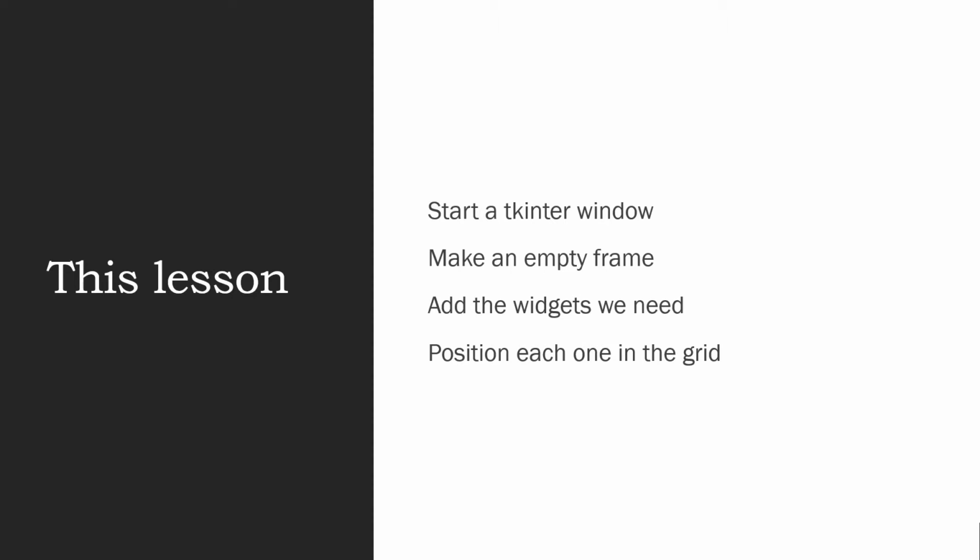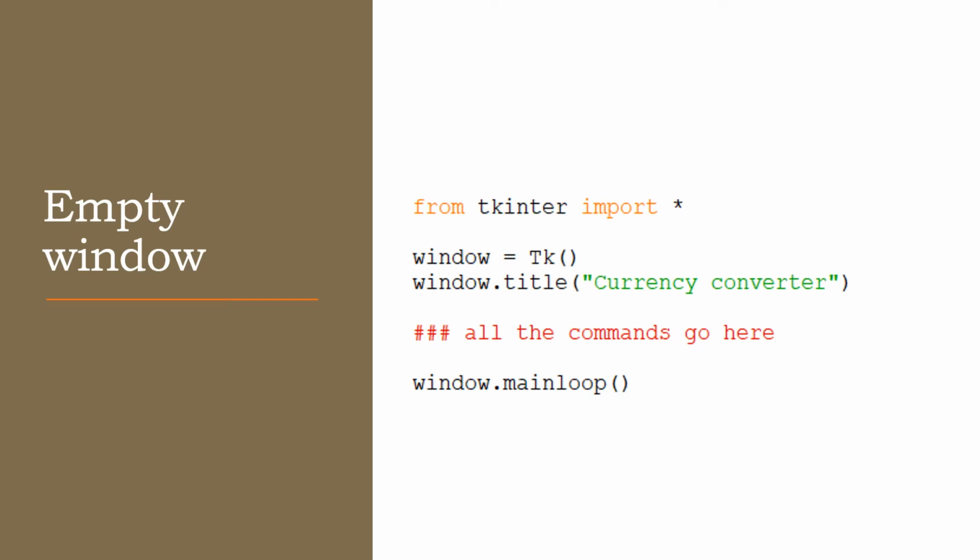A good way to do this would be to follow along, building your own interface alongside my work. So start a new Python program, and we're going to import the TKINTER module that just comes for free as part of your standard Python download.